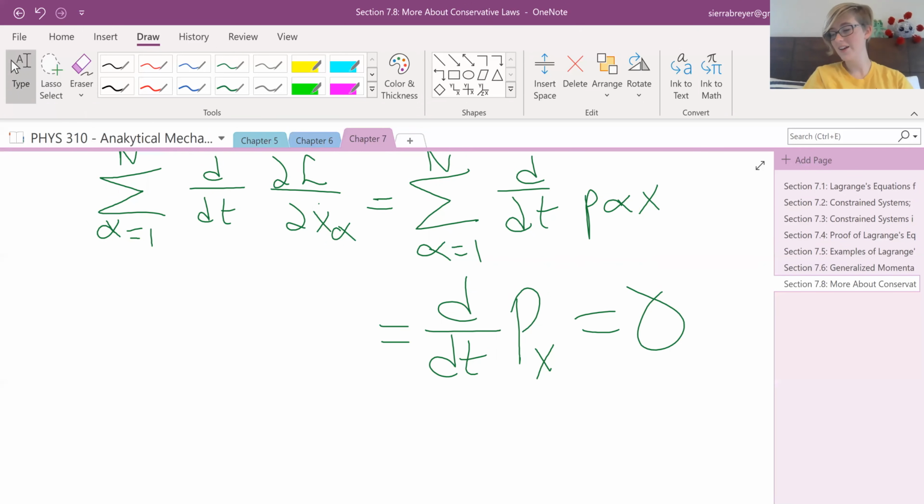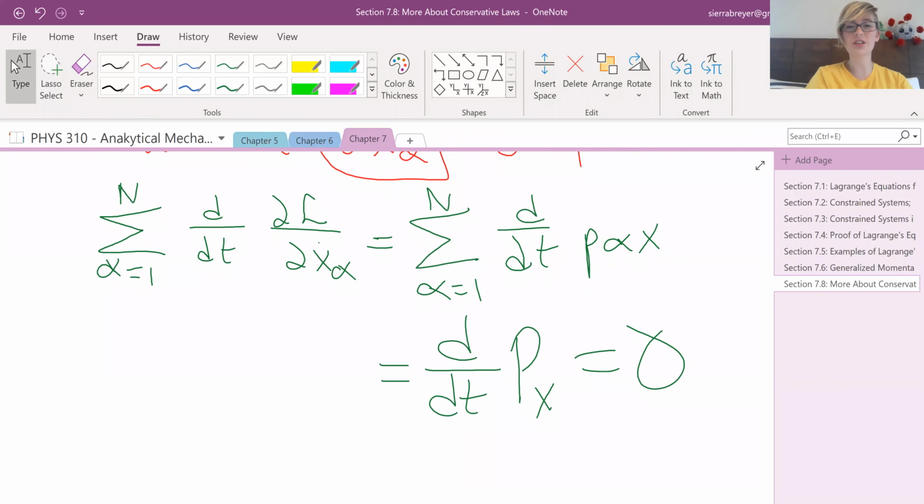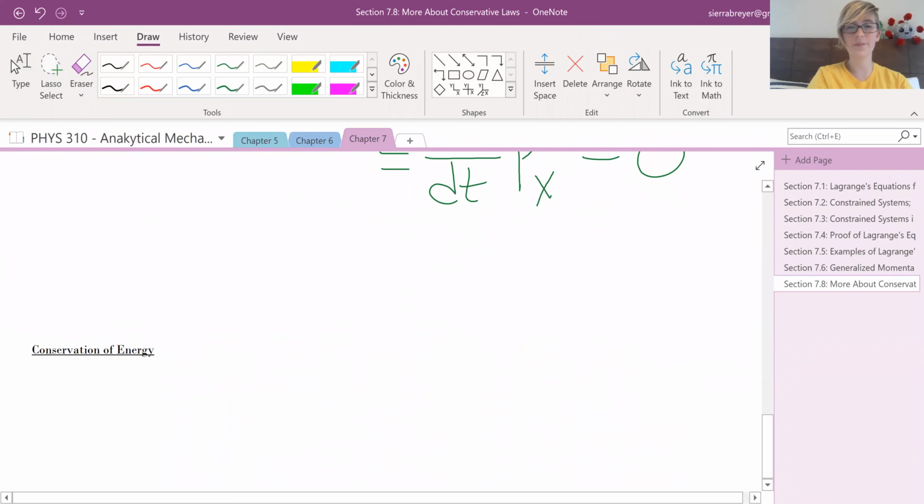It's conserved. Yeah, that's what we were looking for there. But it's just a little bit more explicitly stated.